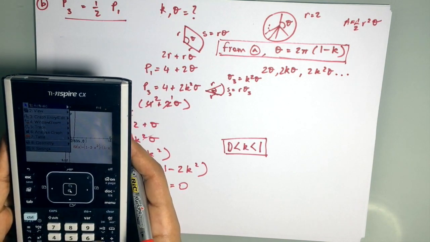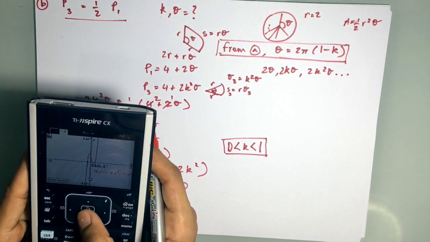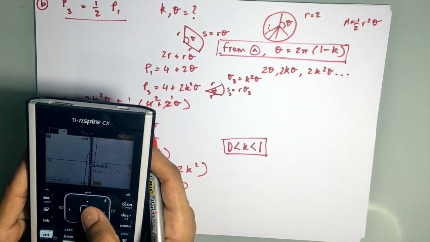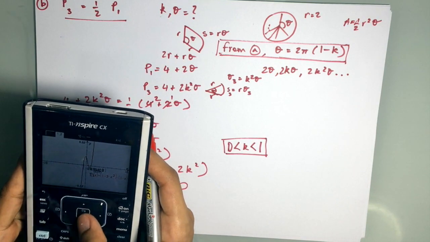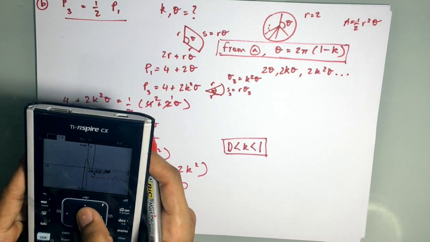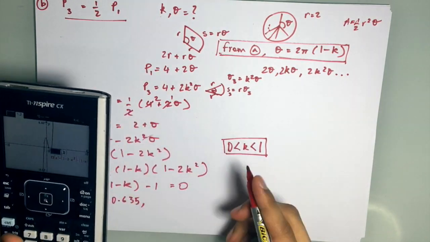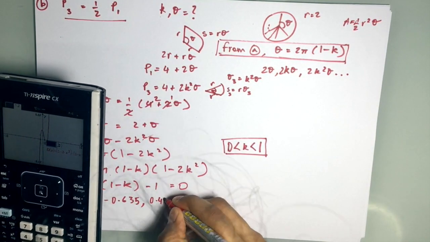Menu 6, 1. Whoa, can't read that. I think it says 0.456. Let me see, yeah, 0.456.